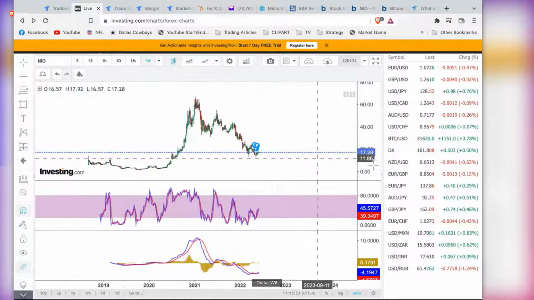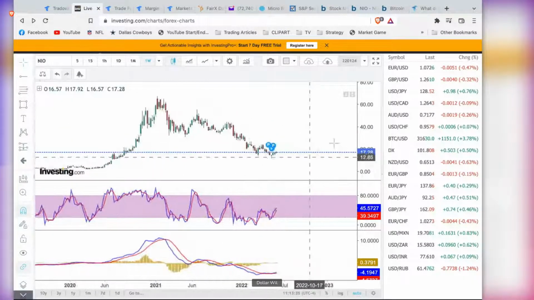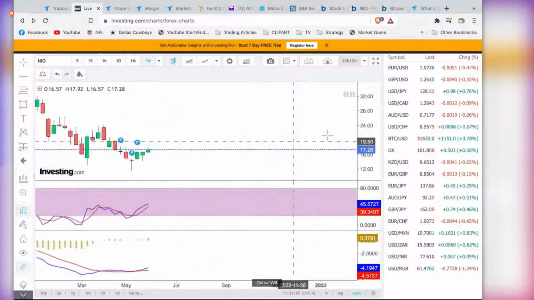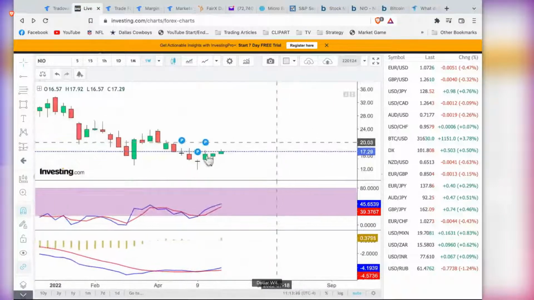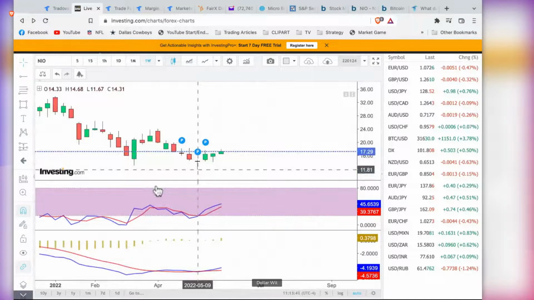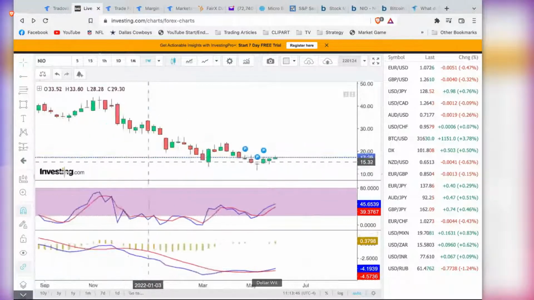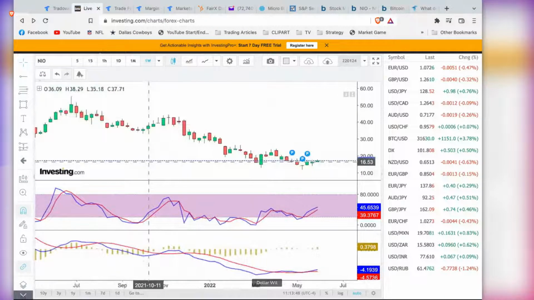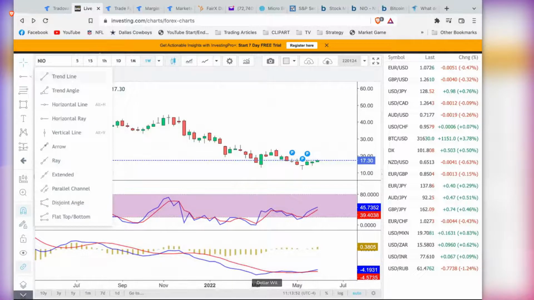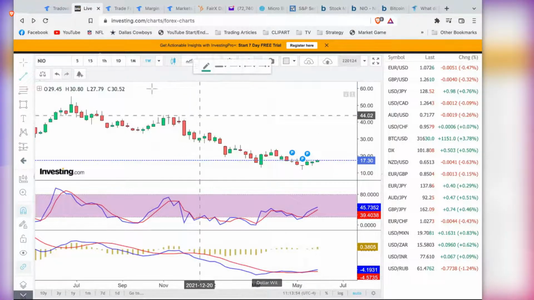But this pattern could be done. I would like to see this low get retested because it went lower than here, lower than here. It's not quite there. This one is absolutely worthy of being on a watch list.